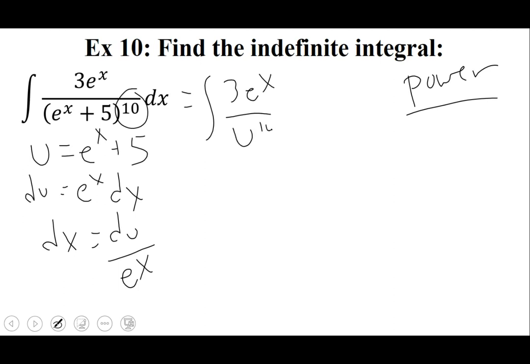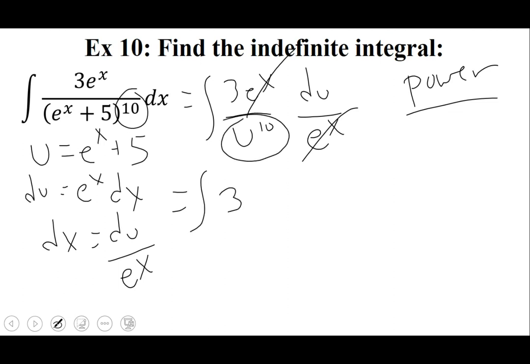Then we have u to the 10th on the bottom. Then we have du over e to the x when we sub that in for dx. So I'm going to cancel out these e to the x's. Notice that I have a 3 there, so don't forget that the 3 is there. And then I don't like to have any powers on the bottom. Those are hard to integrate. So I'm, of course, going to move it up to the top by making it u to the negative 10.